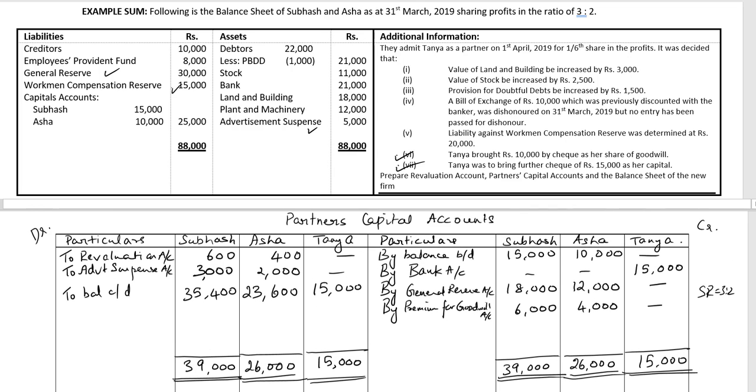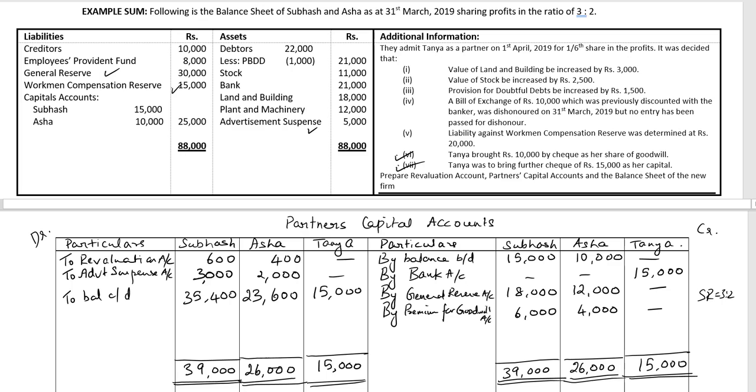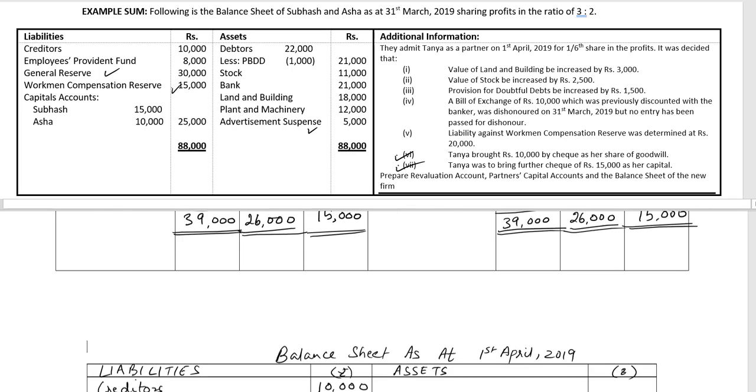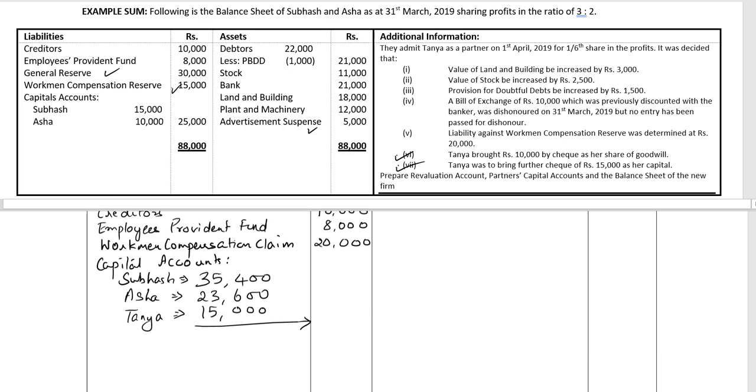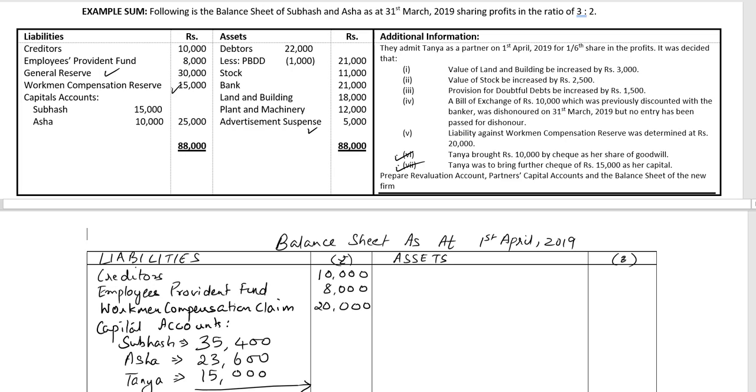So this was the capital accounts. 35,400 for Subhash, 23,600 for Asha, and 15,000 for Tanya. So the total of the capitals is 74,000.